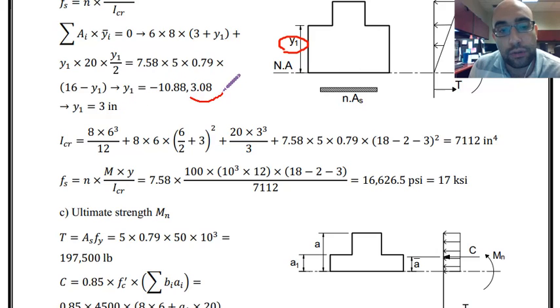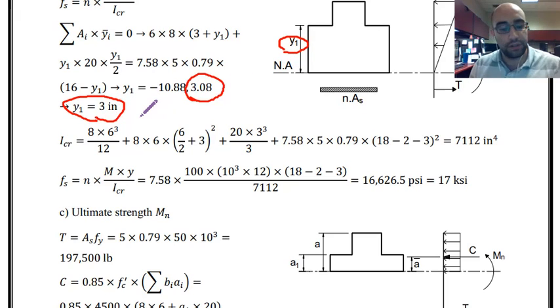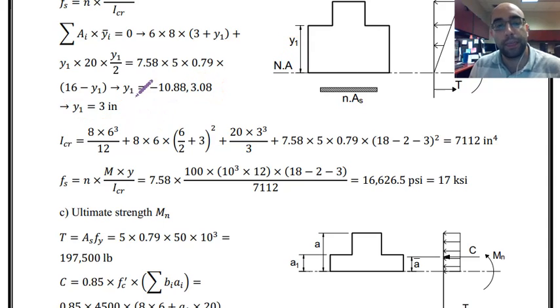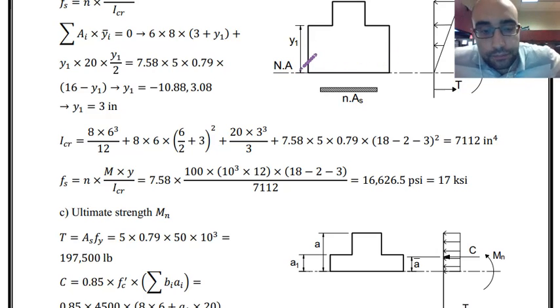The positive value is the useful value for us. So based on this, y1 is about 3.8 inches, but we can accept 3 inches. Now that is y1, and now I know the location of the neutral axis in the transformed section.